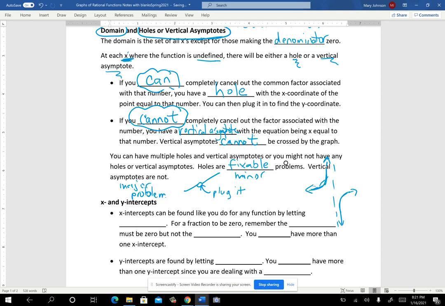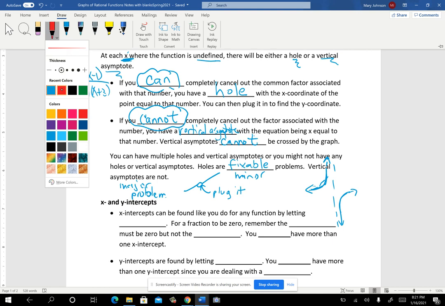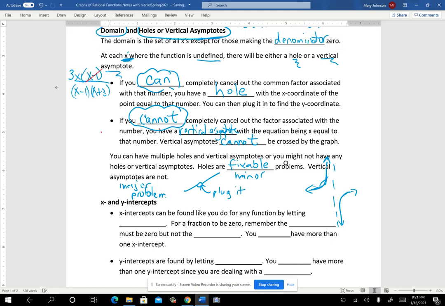All right, I'm going to give you an example over to the side here. If you had, say, x minus 1 and x plus 3 on the bottom, then your function is undefined at both of those spots. But if on top you had, say, 3x with the x minus 1 like that, then in reality you just have a hole here, because see how the x minus 1 factor could be canceled out?